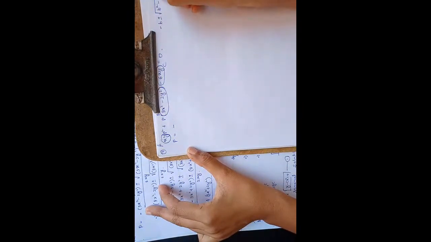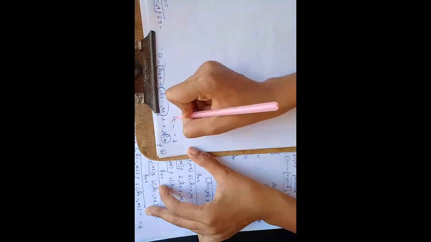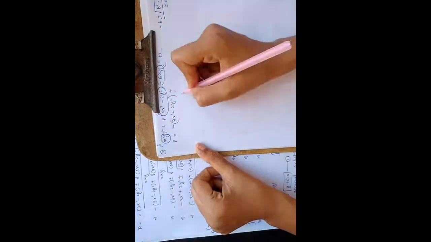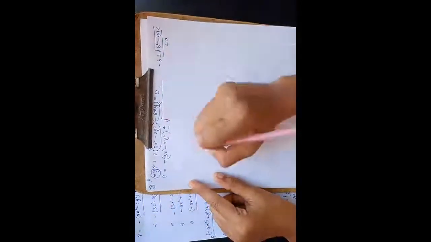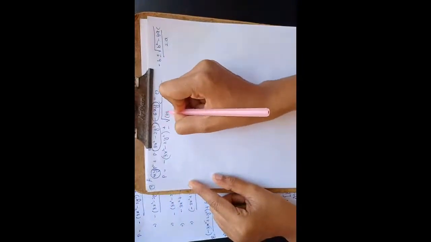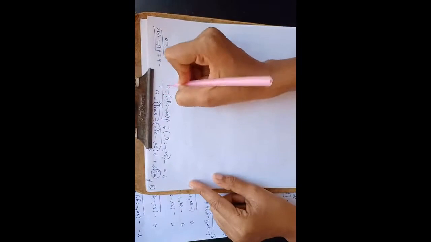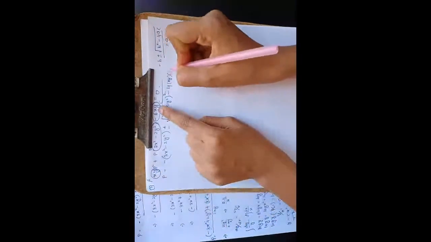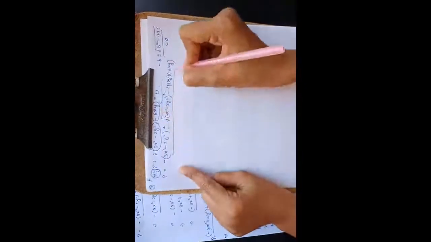So here, minus b is minus 3x square minus 2y square, plus or minus root of 3x square minus 2y square whole square minus 4 into a, which is xy, and c is minus 6 into xy, divided by 2 into a, which is x into y.